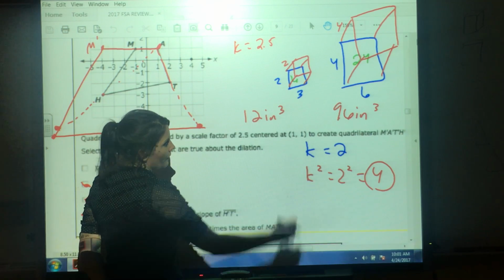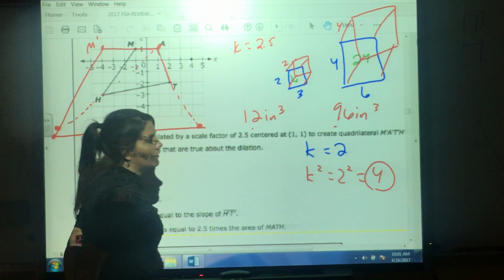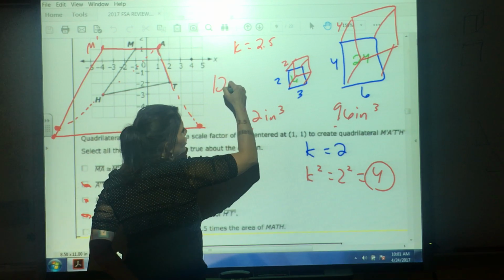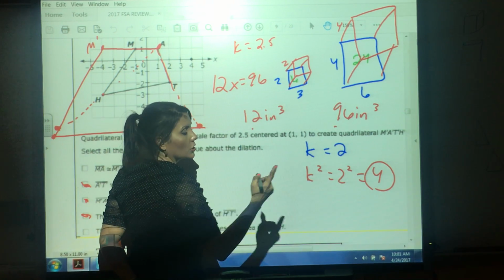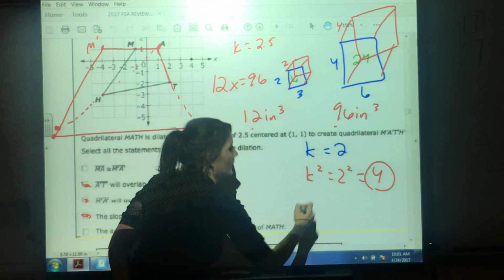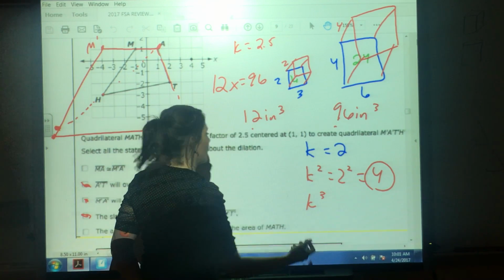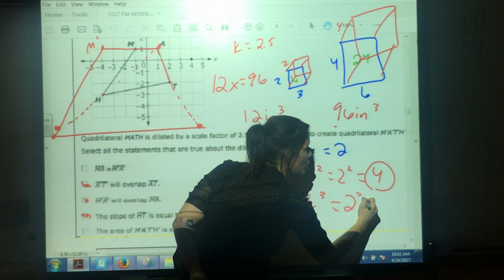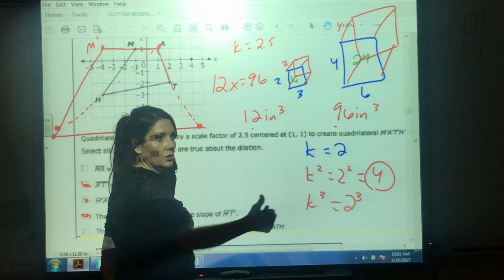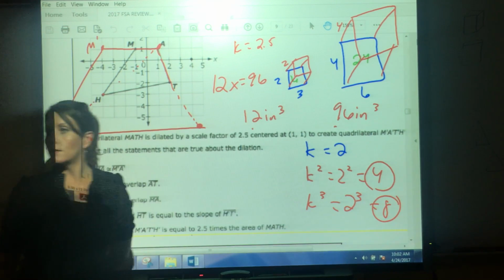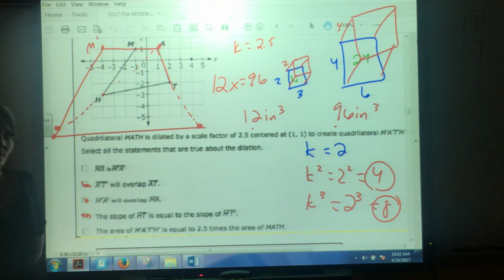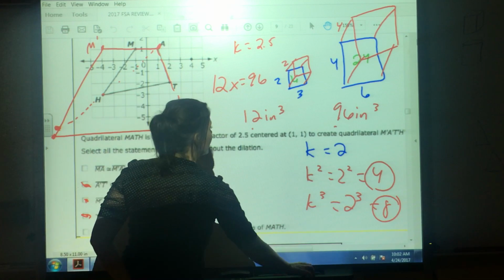All right, what is the scale factor from here to here? Meaning, what times 12 gives you 96? 8. Good. It better be 8 because now think about this. When we're talking about the scale factor for things cubed, you have to cube your original scale factor. 2 times 2 times 2 is 8. Okay? Be mindful of that.